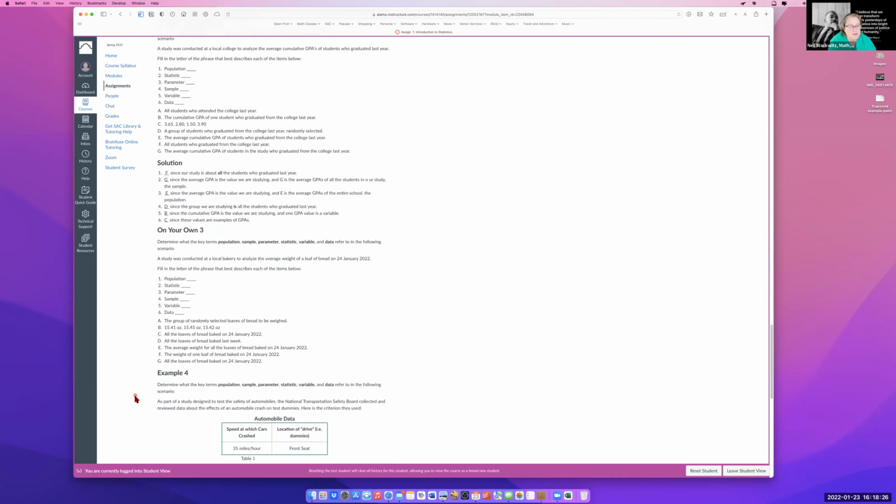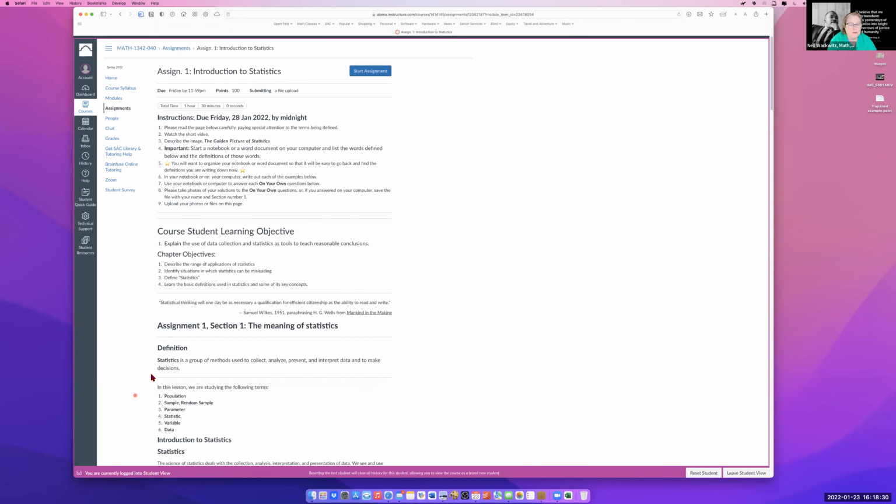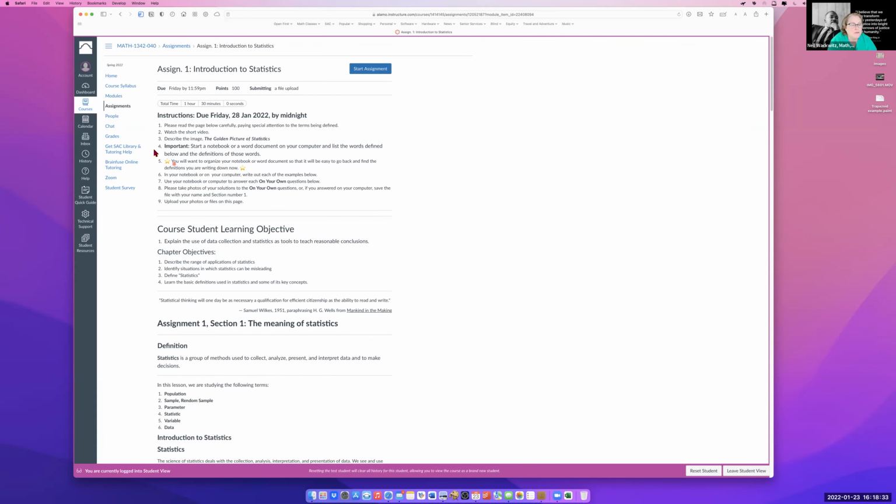Okay, I want to keep this really short. So again, what I want you to do on this assignment, there are two big parts. The first big part is start a notebook or a Word document, so that you have everything organized for our class. That document needs to have a place for definitions, notes, and homework problems that you're going to take photographs of and attach to this document.